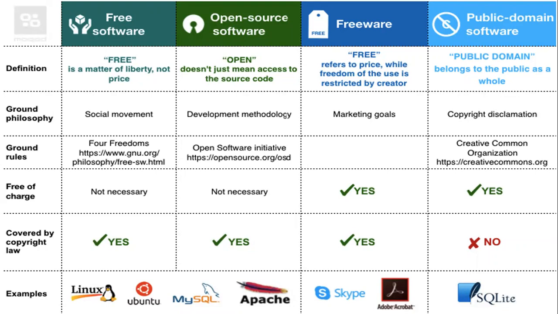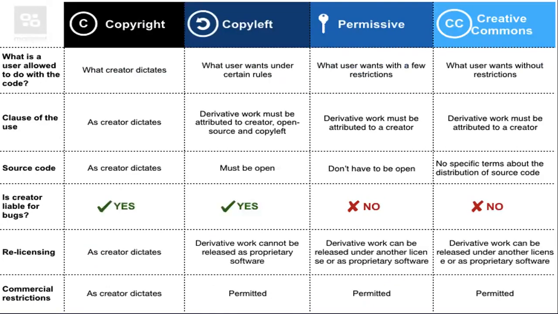I expect you to pause the screen to make your notes and understand it on your own. Okay, the next one: the difference between copyright, copyleft, permissive, and Creative Commons, the one that we are learning right now.